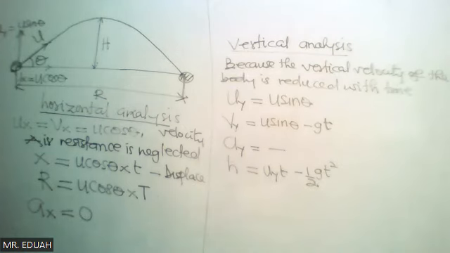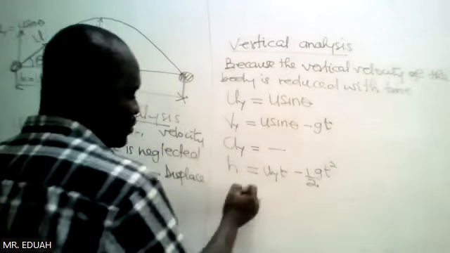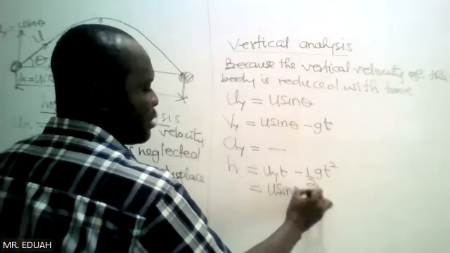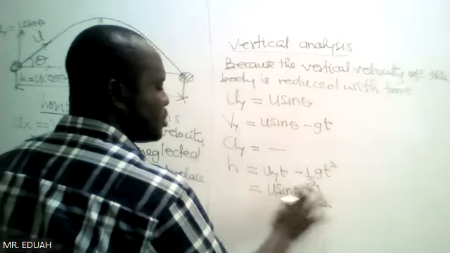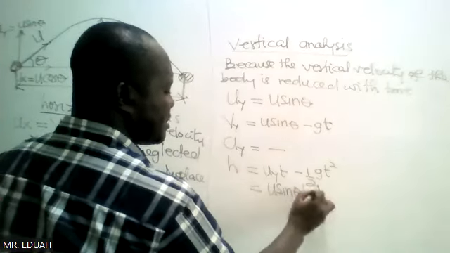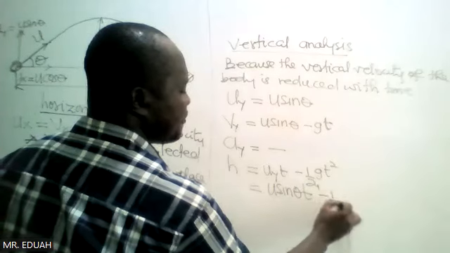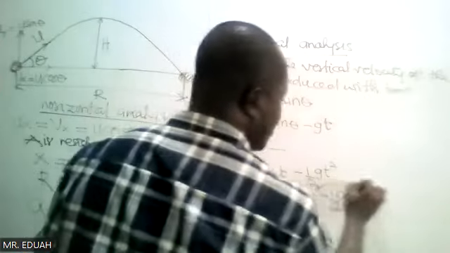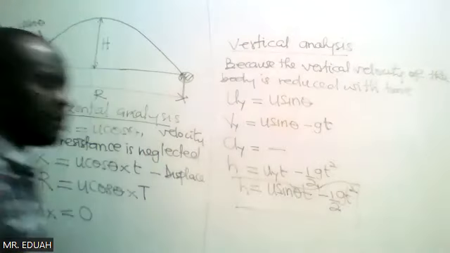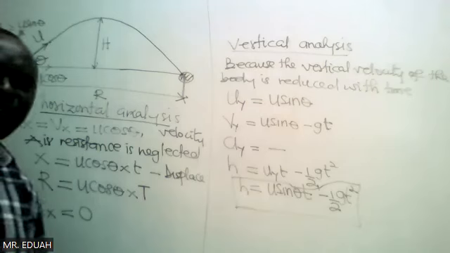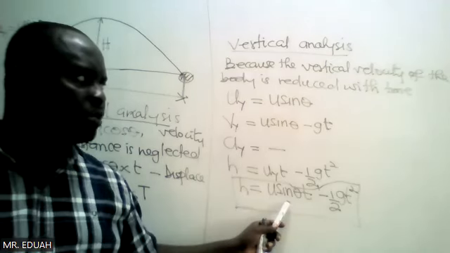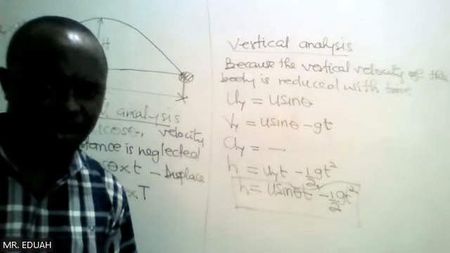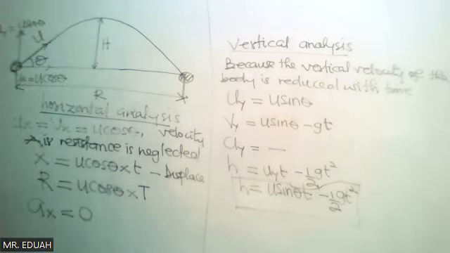So with uy equal to u sine theta, h is equal to u sine theta times t minus half g t squared. This is the expression for the vertical displacement of the body after any time t. We are just recapping; this is what we deduced last time.